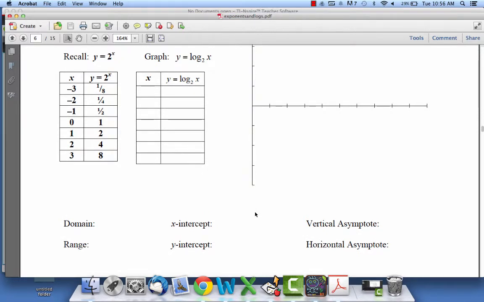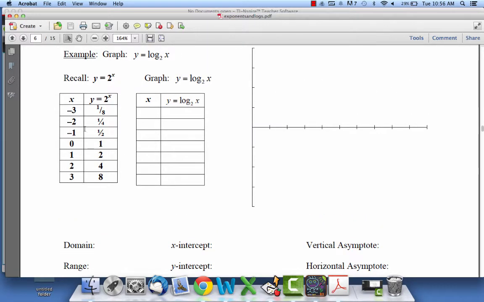I'm not sure anymore that I want to do this, just for the sake of time here. But each of these gets reversed over here because they're inverses. So negative 3, 1/8 means 1/8, negative 3. Negative 2, a fourth, negative 2. Negative 1, 1/2. You know what? I'm going to do this very, very quickly, okay?